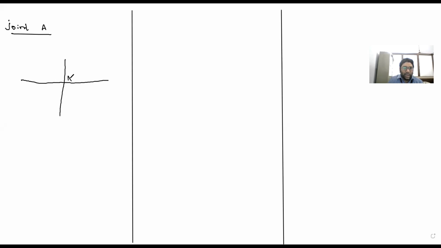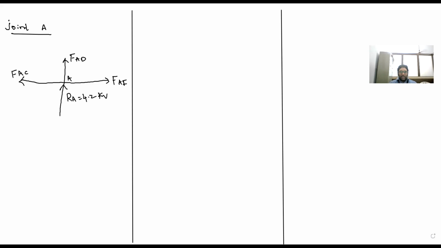So this is joint A, this is FAD, this is FAC, this is FAF, and this is the upward reaction RA, equal to 4.2 kilonewton. Okay, 4.2 kilonewton. So first of all, what do we get?